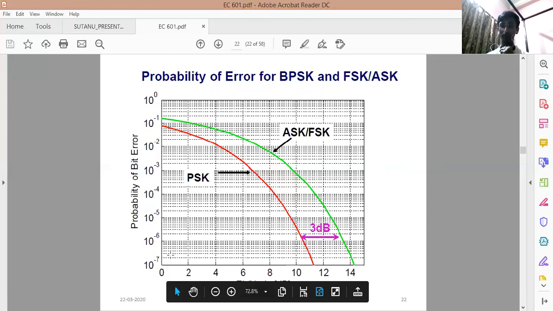So this probability can be achieved at a very low energy to noise ratio. On the other hand, when ASK and FSK achieve this amount of probability of error, they need more energy to noise ratio.